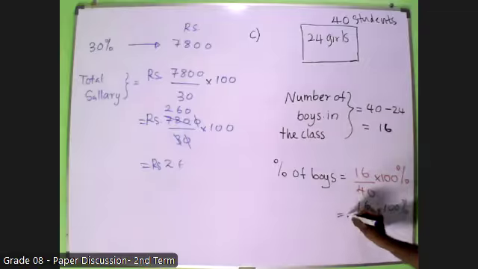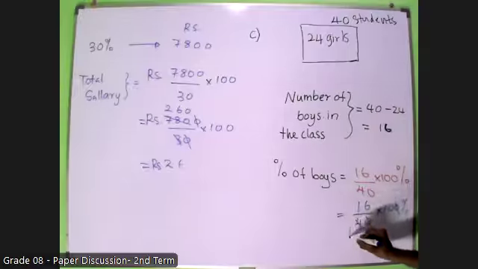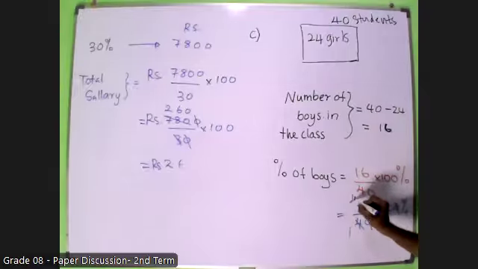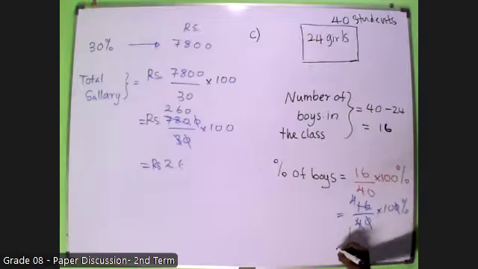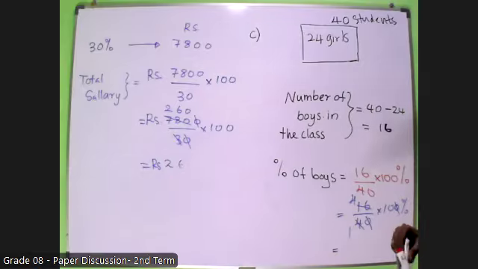Well, mark 0 to 0. 4 times 1, 4 times 4. 16 divided by 4, 40. 4 times 10. So the final answer will be 40%. Don't forget this. 40%. So this is the percentage of boys in the class.